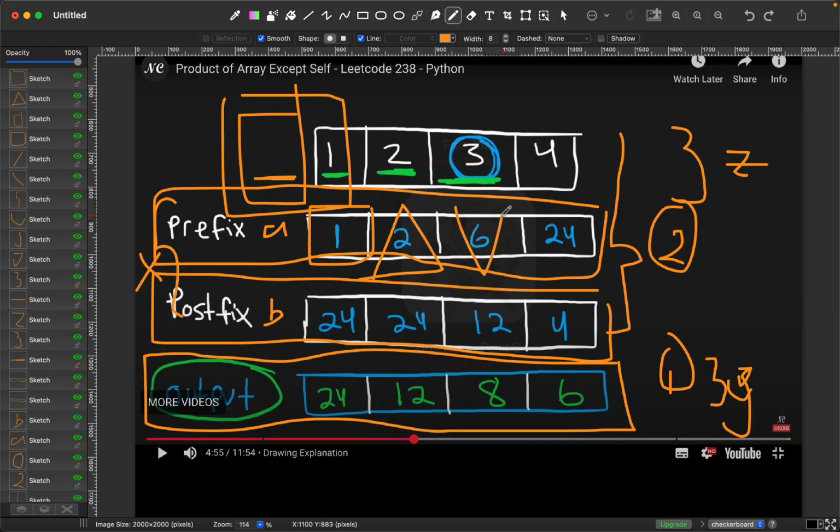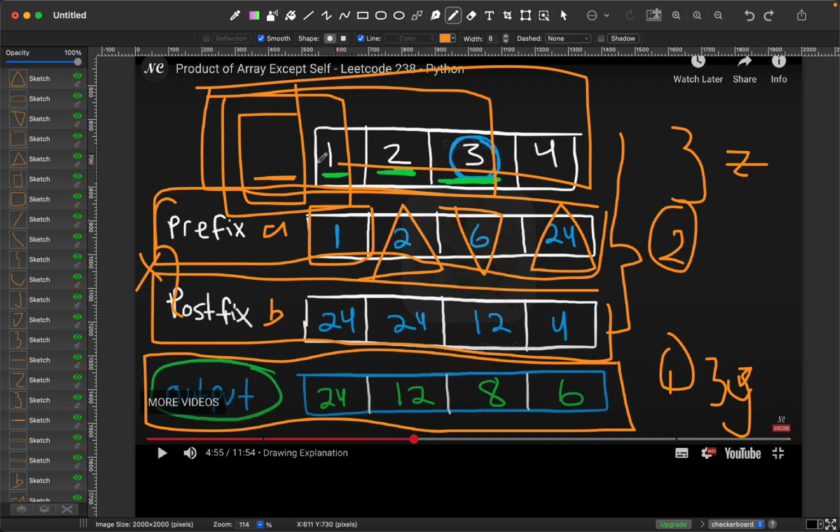When I want the byproduct of this, I think first and foremost the more obvious one will be this one, the 6.